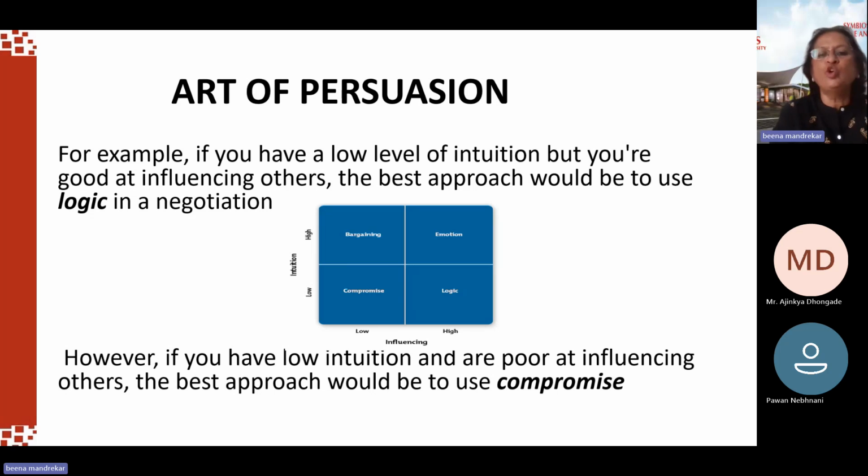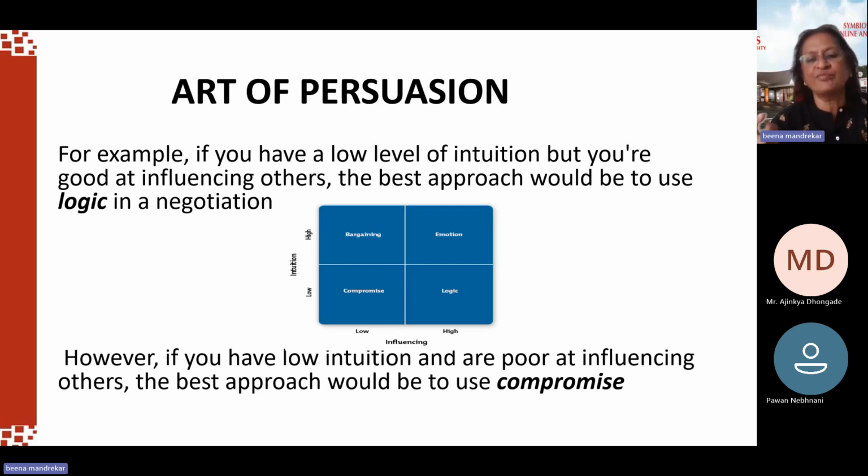For example, look at the vertical axis, high and low level of intuition. Suppose your intuition is low, but you're good at influencing others. That means high at influencing others, but you don't know exactly whether they will buy or not.